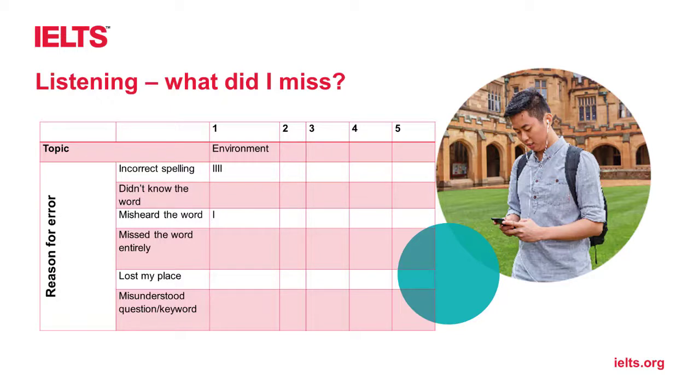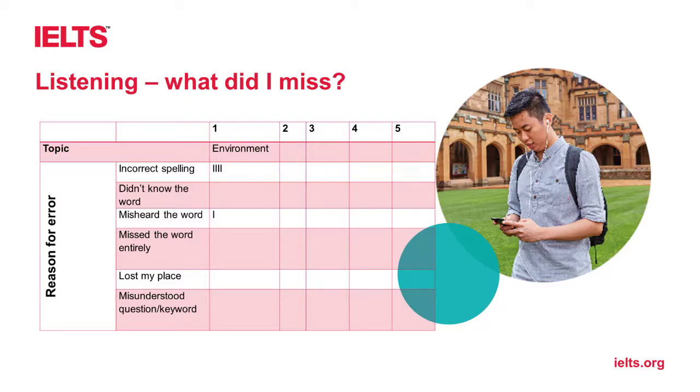So you can see a table with different topics along the top and different areas, or possibly reasons, why students might have made some mistakes. So did they, for example, get the answer wrong because they made a spelling mistake? Did they get the answer wrong because they missed out a word? Did they get the answer wrong because they lost their place in the recording?